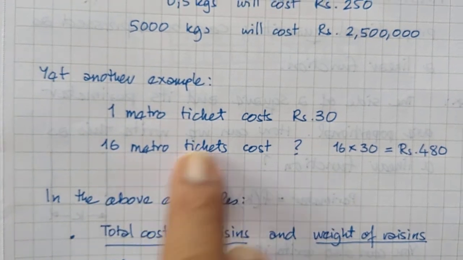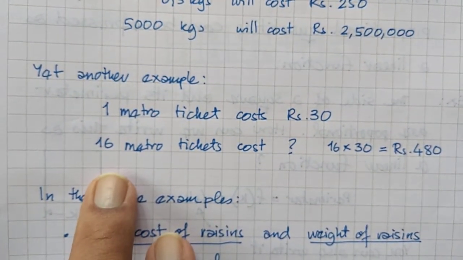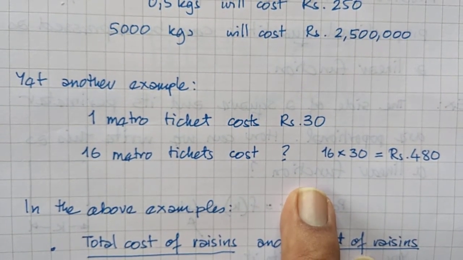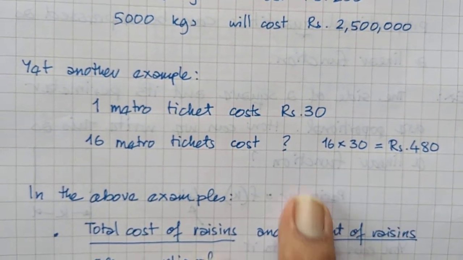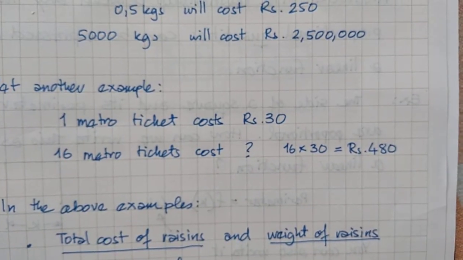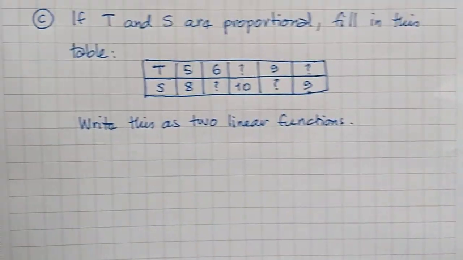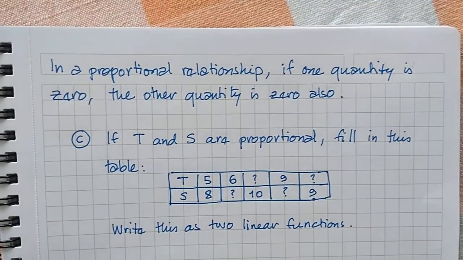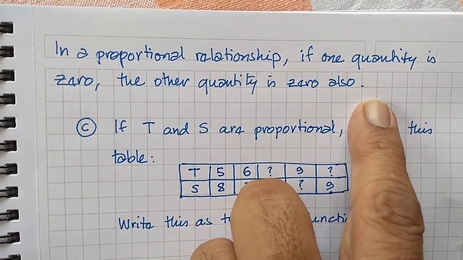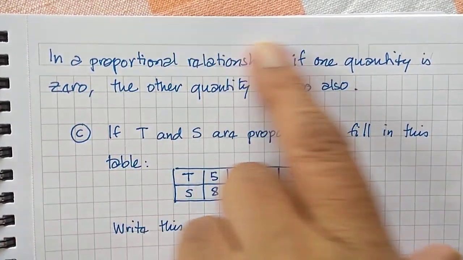If 1 metro ticket costs rupees 30, how much will 0 metro tickets cost? They will cost, of course, rupees 0. If you're not buying a metro ticket, then the amount you're spending on metro tickets is 0. So this is why we have this, that in a proportional relationship, if one quantity is 0, the other quantity is 0 also. This is always true.